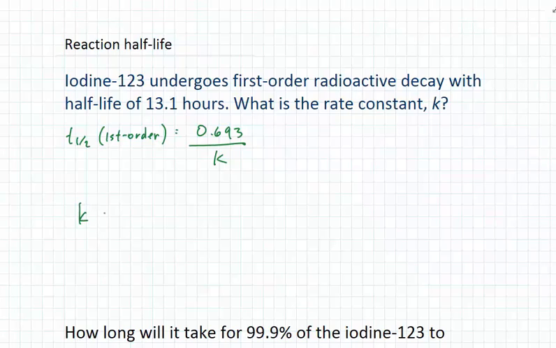So, how do we solve for k here? If your variable is on the bottom of a fraction with some sort of number up there, and you got some sort of number over here that you know, what algebra do you do then? You'll be able to put the half-life on the bottom.